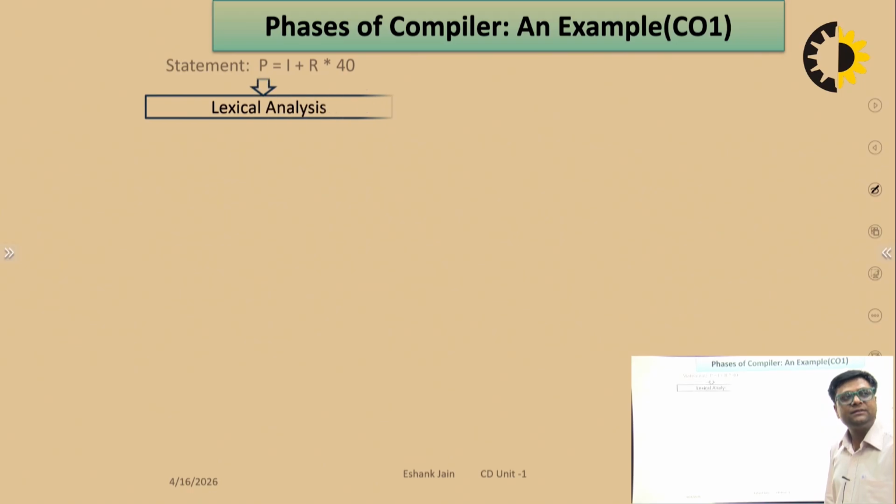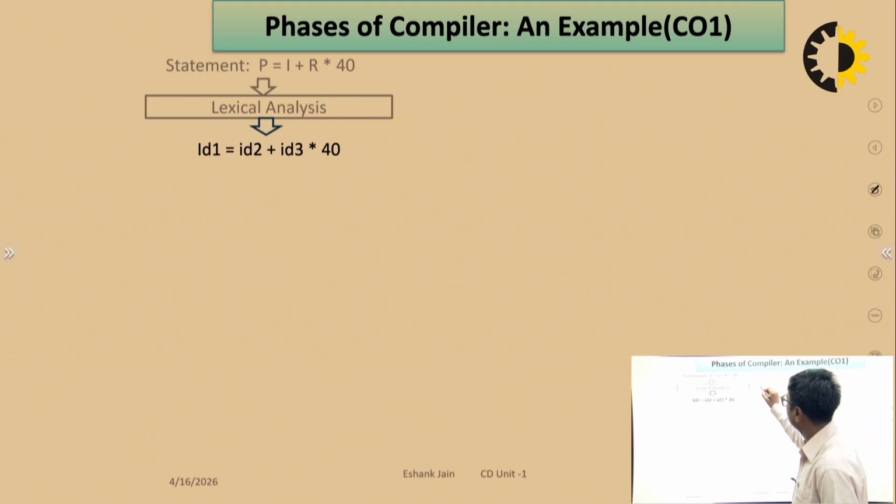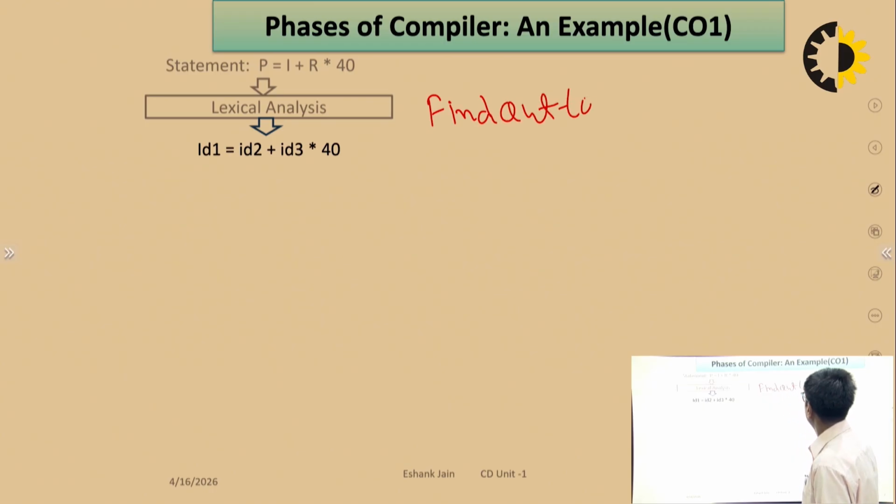Suppose this is the statement P equal to I plus R into 40. This statement will go through all the phases and generate the output of each phase. The lexical analyzer finds out tokens.